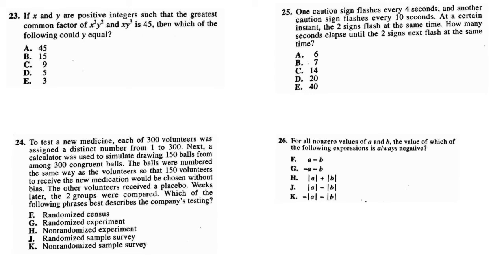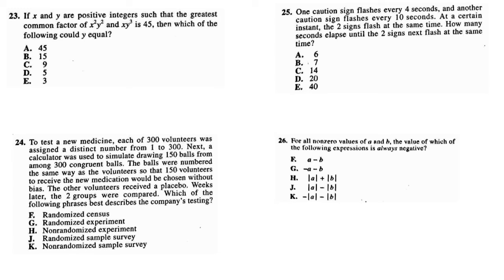All right, number 23. We have x and y are positive integers such that the greatest common factor of x squared y squared and xy cubed is 45. Which of the following could y equal?